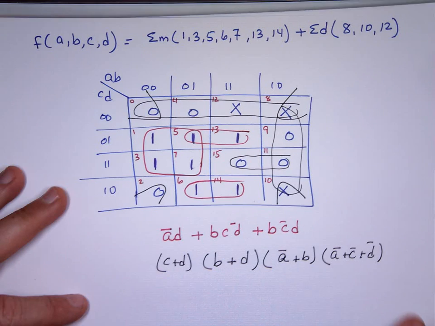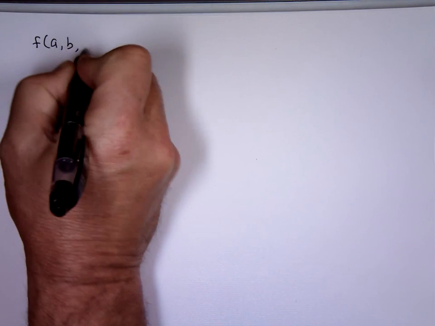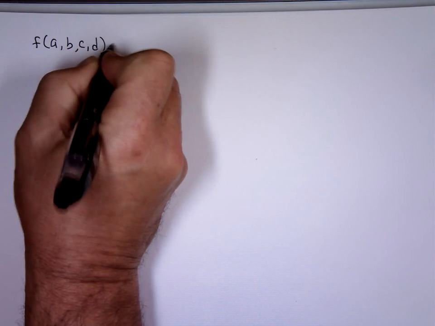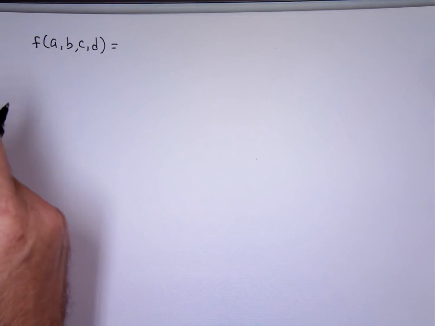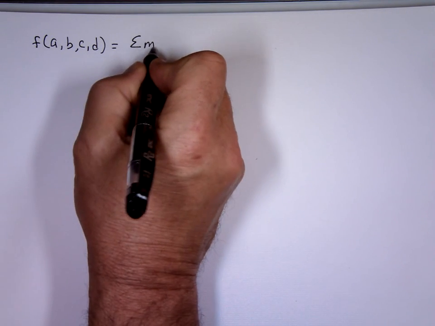Let's try another one. So we turn the don't cares to either 1 or 0. It depends on what you group in. Do they help you or not? This could have a lot more than 2 solutions. Anytime you have a lot of don't cares, it's possible to have more than one option.